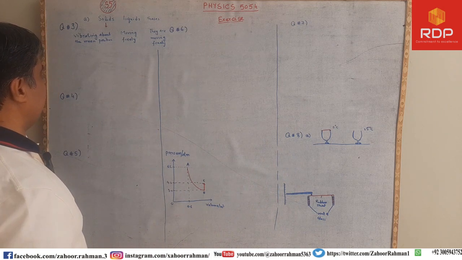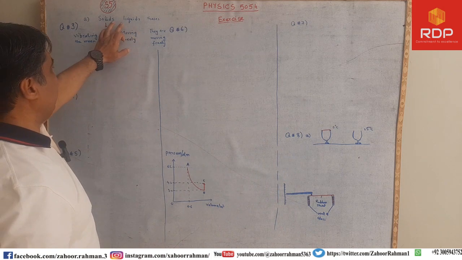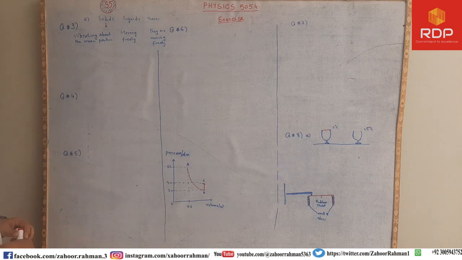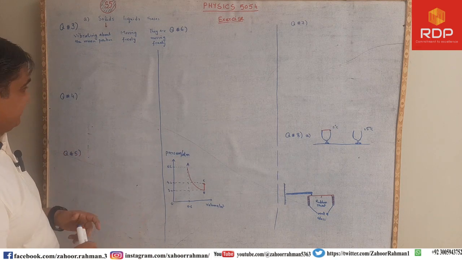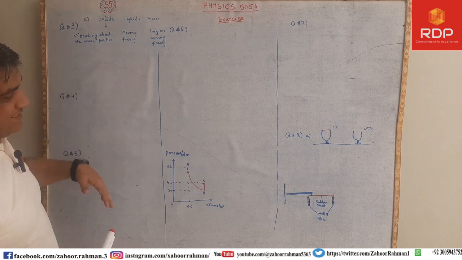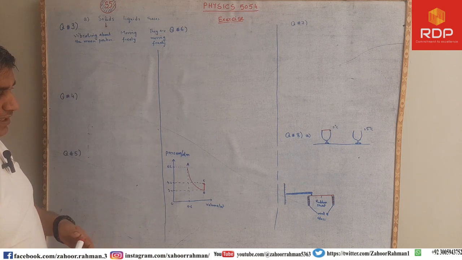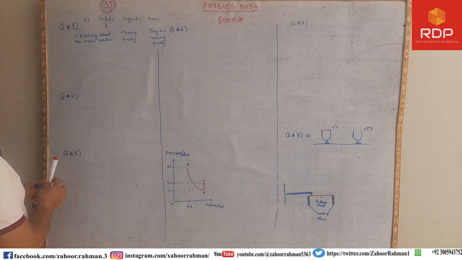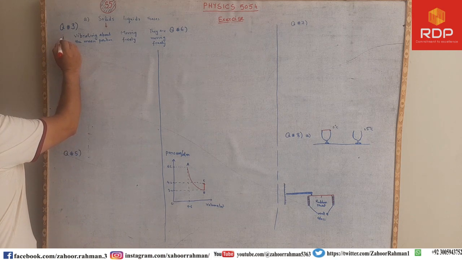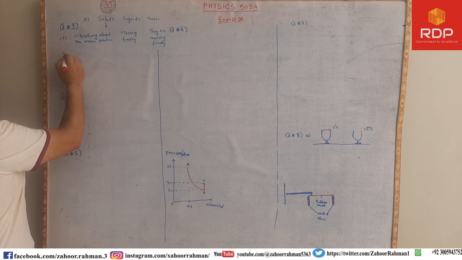You can say that the molecules' movement in liquids is restricted, but because they are sliding over one another, we say they move freely. That is the first part.